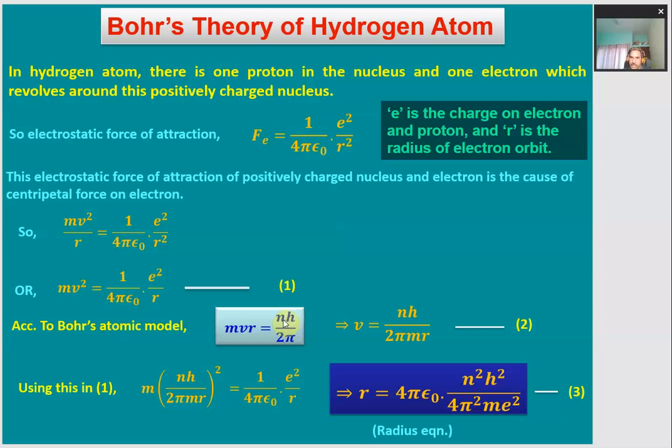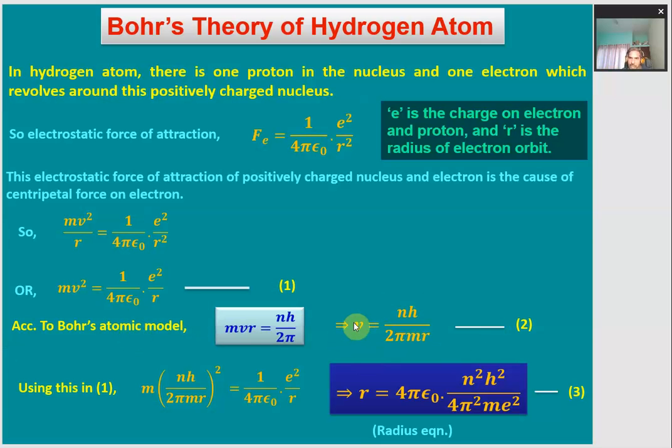It carries such integer values. So from Bohr's correction regarding the atomic model, we can find v by taking m and r to the right hand side. So we get v is equal to n times h upon 2 pi m r. We call this equation 2. So we have applied what Bohr's model says.